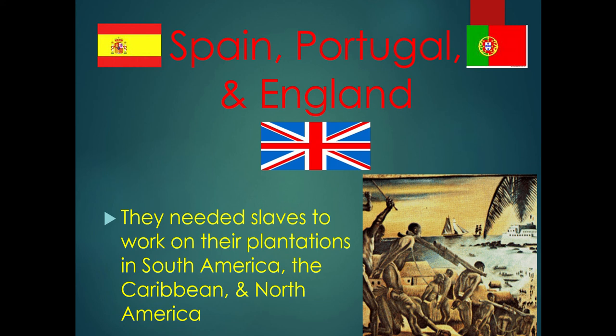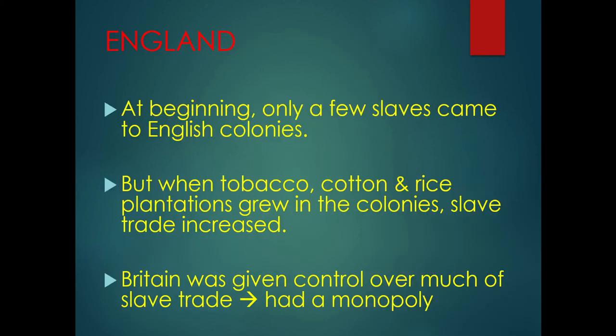So these explorers or settlers decided, hey, we want people to work in our fields, in our plantations, to do the work for us. So we're going to talk about England, or the English colonies, and we've already discussed the 13 English colonies. So in the beginning, only a few slaves came to the English colonies.